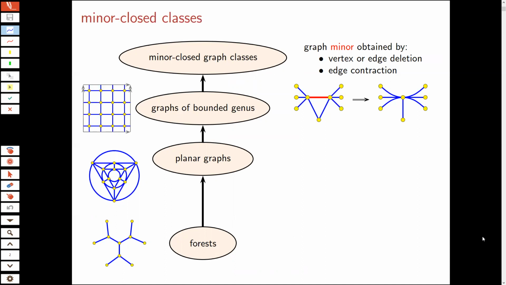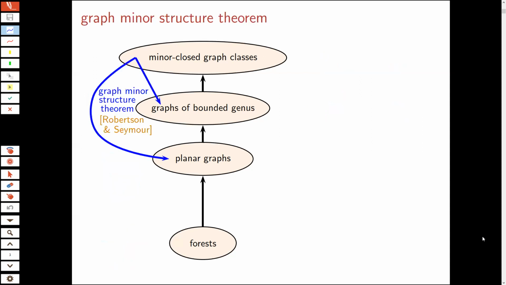Now, one of the most useful types of theorems in structural graph theory is a theorem that describes a complicated class of graphs in terms of some simpler class and then some operations. And the classical example of this type of theorem is the graph minor structure theorem of Robertson and Seymour.